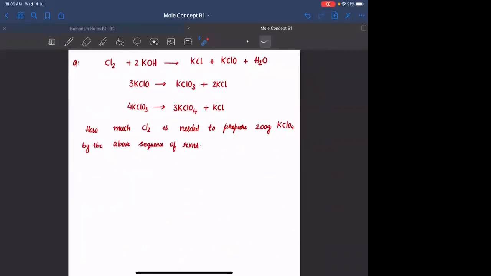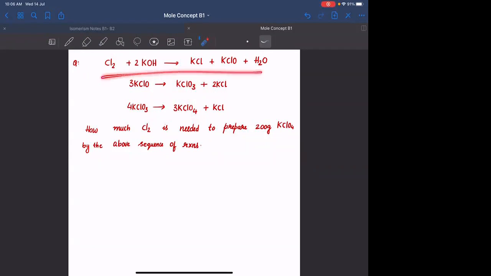You are given a sequence of reactions. Cl2 is reacting with KOH to form KCl, KClO, and H2O. That formed KClO is heated to give KClO3 and KCl. That formed KClO3 is reacted to get KClO4.